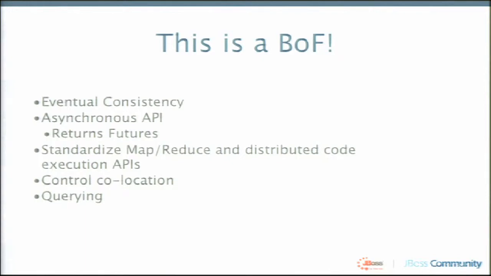But there are some additional things you also want to be able to do, like process data in the grid. And the point is, it's not about the API as much as about what the data grid represents, and it solves a problem the database is not very good at solving, which is scale out. So the API, you still have data, you still want to be able to access the data, but underneath it's a very different beast.